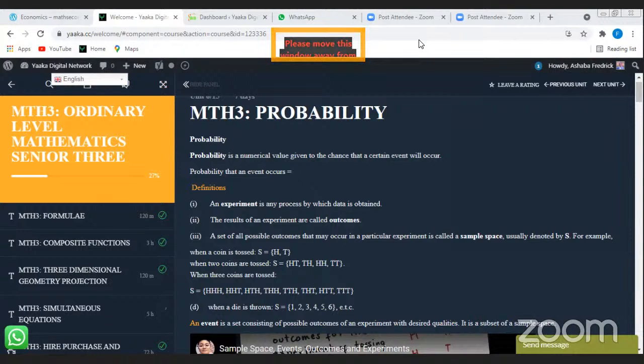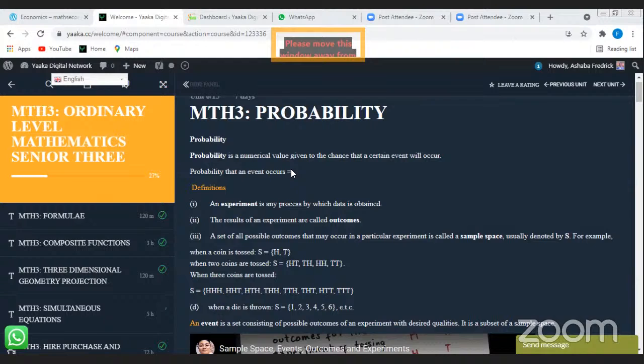The chances of a head appearing are 1 out of 2 because the coin has only two sides. So we give it a numerical value of a half. So the probability of getting a head is a half, and the probability of getting a tail is also a half because they are two.